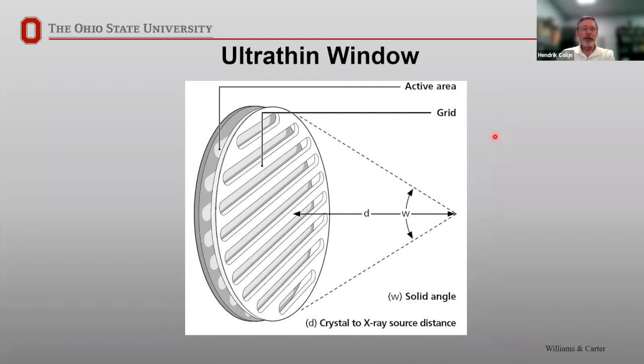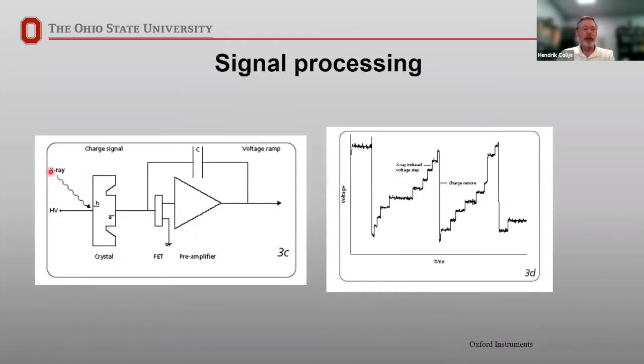So once you get the signal coming out, here's your detector, whether it's a SiLi detector or an SDD, you have your charge coming out, and then you have your preamplifier system. Now, coming out of the preamplifier system, you will see a signal that looks something like this. As each X-ray comes in, you will get a voltage step in your output, and then periodically that gets reset to 0.